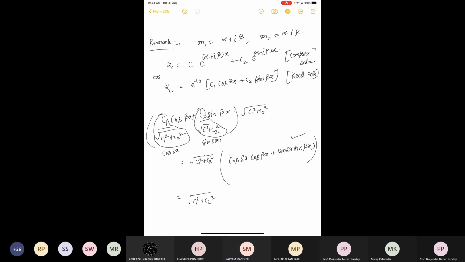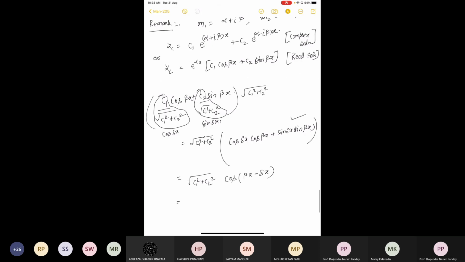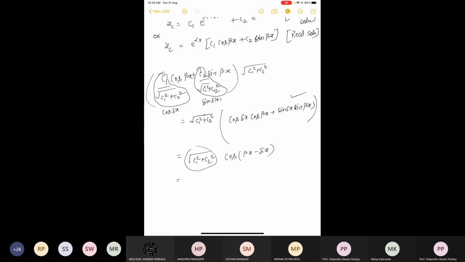Yes, sir. So this I can write as cos of (beta x minus delta x). Here the under root term I can write as some other constant, big C, so C cos of (beta x minus delta). So this is another way to write down one more real solution.